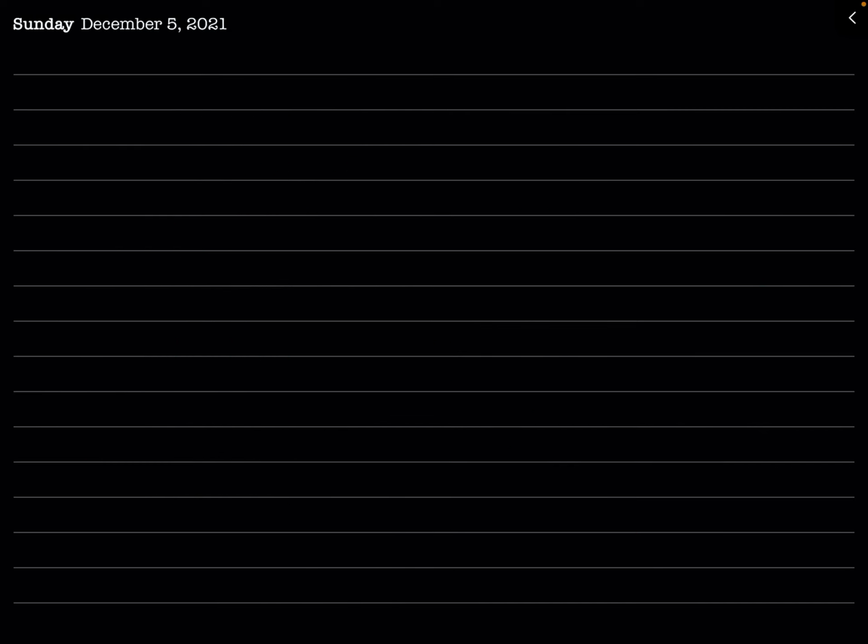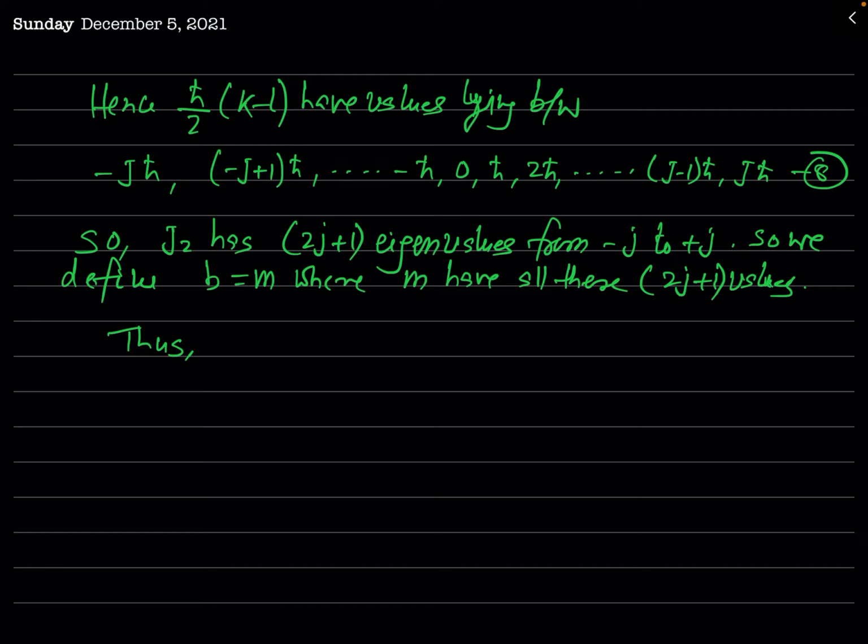So the eigenvalue equation for the operator J square is J square ket psi equal to a ket psi, and since we have obtained the value of a, you can write J square ket psi equal to j times j plus 1 h bar square ket psi.